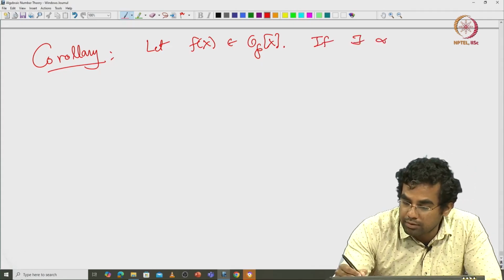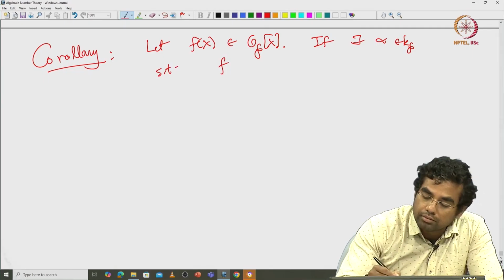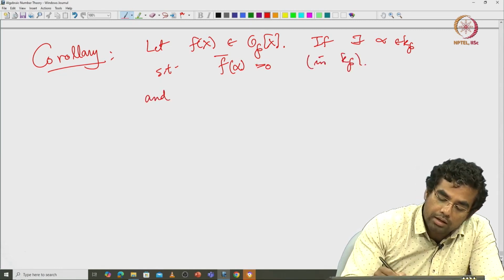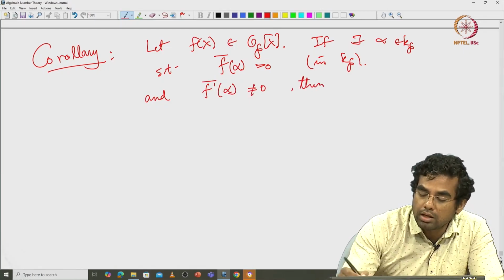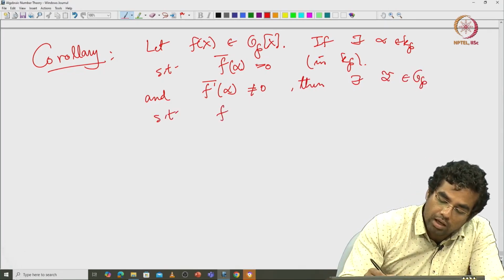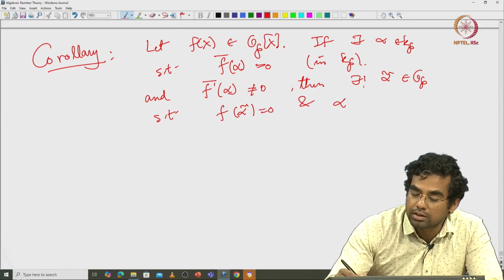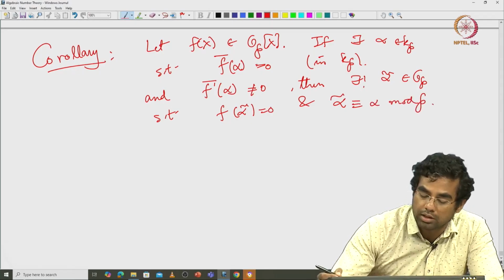If there exists alpha in K_p such that f bar of alpha is 0, this is in K_p, and f dash, the derivative of f, is not 0, then there exists alpha tilde in O_p such that f of alpha tilde is 0, and there exists a unique alpha tilde like this, and alpha tilde is congruent to alpha mod p.